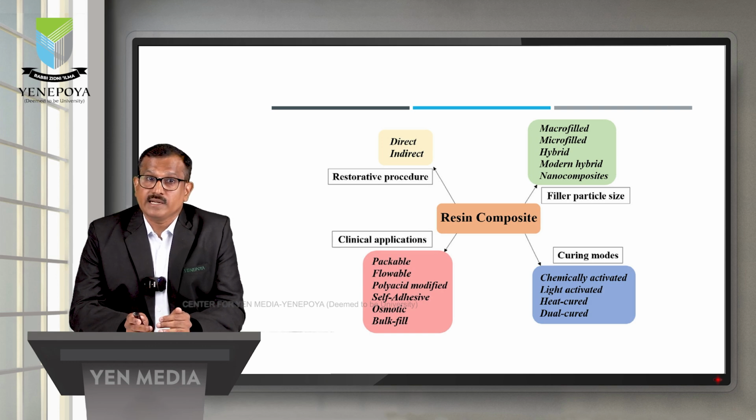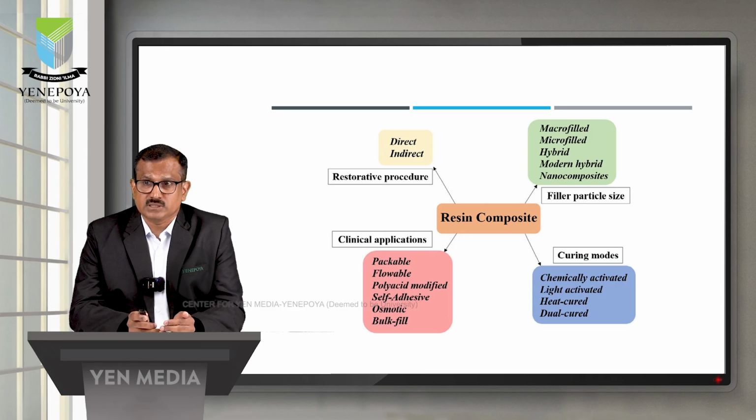Then coming to the clinical applications, we have packable, flowable, polyacid modified, self-adhesive, ormocer, and bulk fill. But these are all based on one's clinical expertise. For a beginner, I would say a flowable composite plus a bulk fill or a hybrid or nanohybrid can serve the entire purpose.